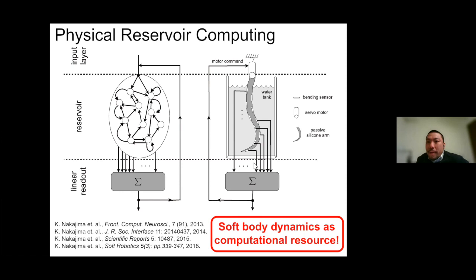If we incorporate some feedback loop from the output to the next input, and if this part can be used as a reservoir, then it means that we can implement closed loop control, like central pattern generator like control, by using its own motion.